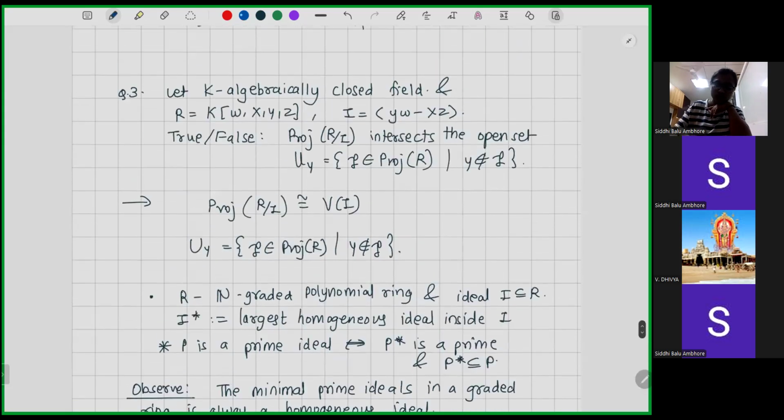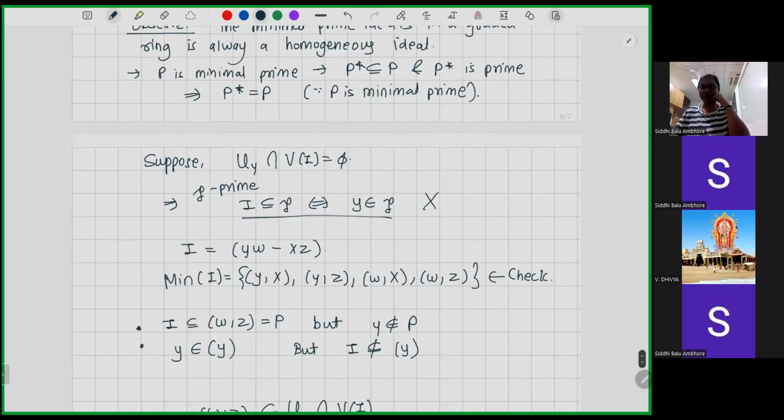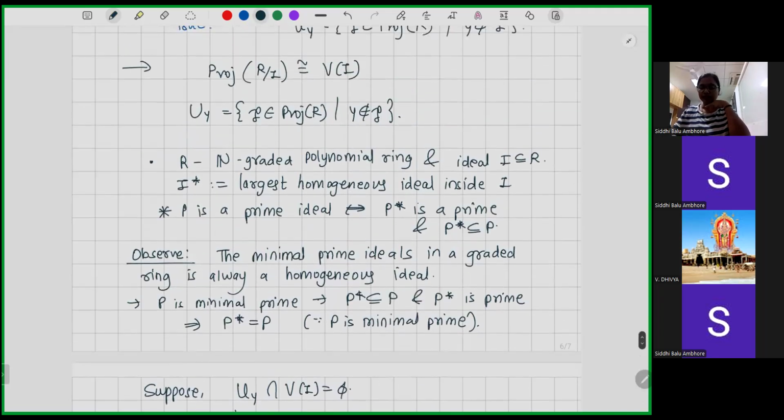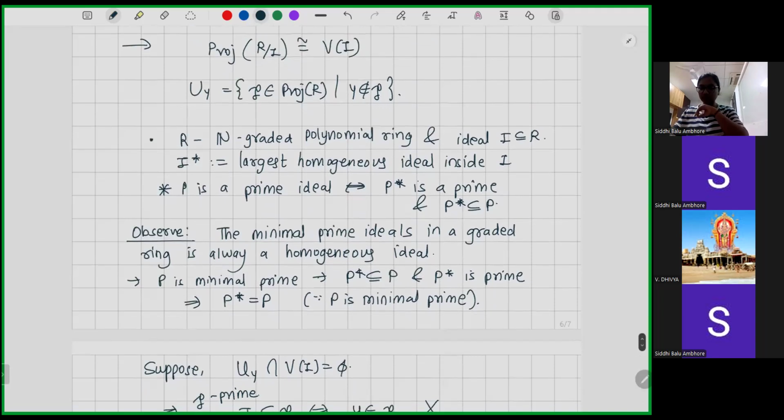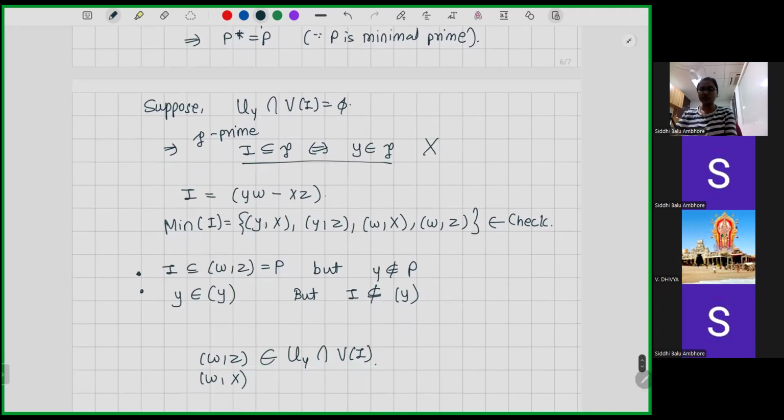In fact, sorry, this is true, that it actually intersects, because yes, it intersects and we actually found the element. Is that okay, like how they are intersecting? We are just looking at the minimal primes. And in homogeneous setups, minimal primes are homogeneous. So here (x, y), (y, z), all these are homogeneous ideals.